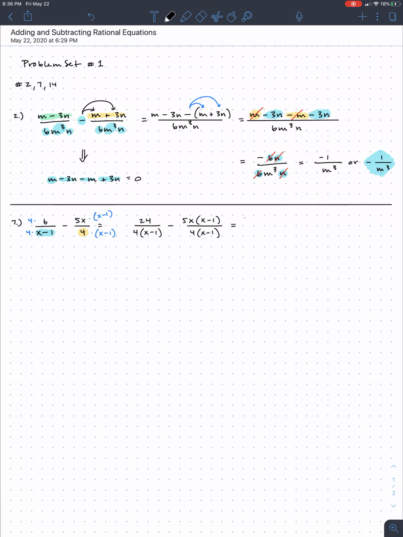So we have 24 minus 5x squared, because this 5x is getting distributed. And then there's another negative here. So when I distribute this second time, there's going to be a minus 5x.